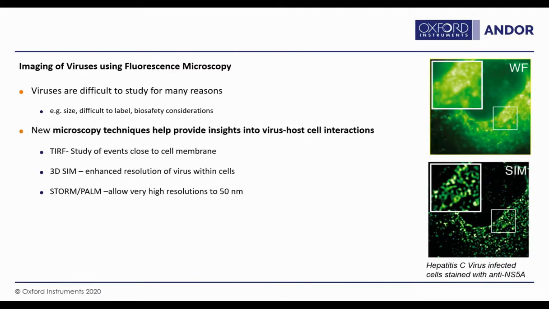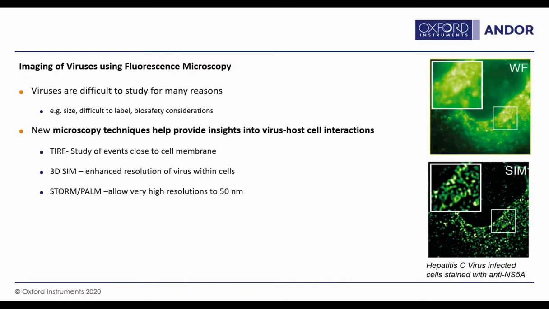But thankfully, there's a range of microscopy techniques which have really allowed us to progress fluorescence microscopy for gaining further insight into the virus infectious cycle and understanding more about virus and host cell interactions, as Doug has described earlier.